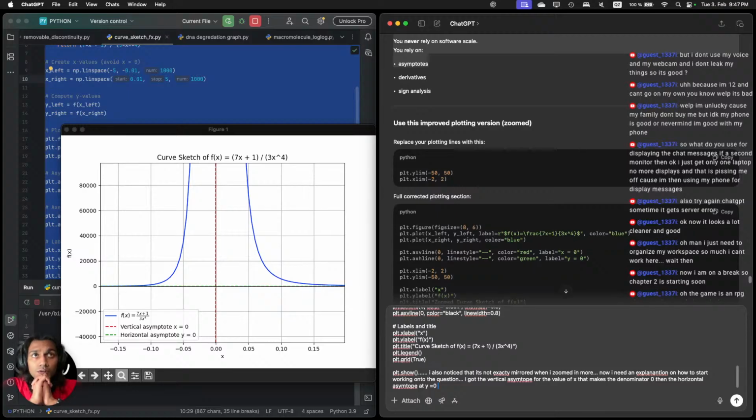I got the vertical asymptote, horizontal asymptote. What else did I find? It was derivative, right? Yeah, then found the local minima using the derivatives.